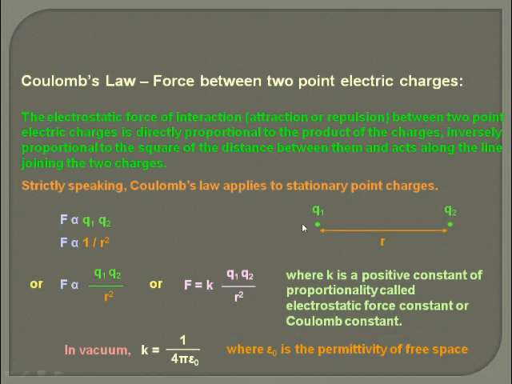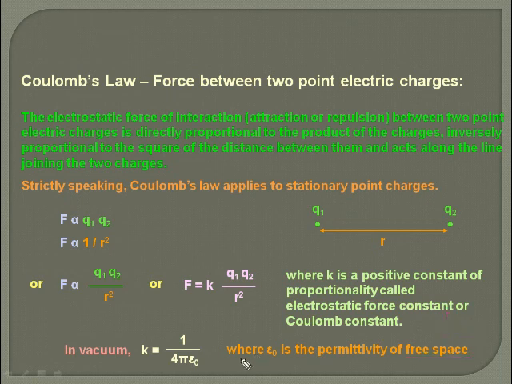So epsilon naught is called the permittivity of free space. What does free space mean? Free space means air or vacuum. If we say the charge is placed in free space, then we are talking about vacuum.